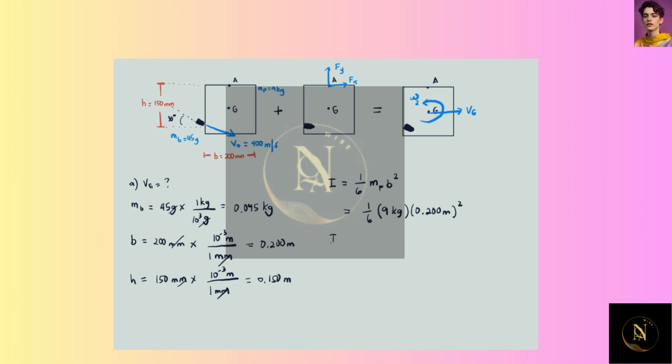So the moment of inertia, I, is equal to 0.06 kilogram meters squared. So those are the values that we have.